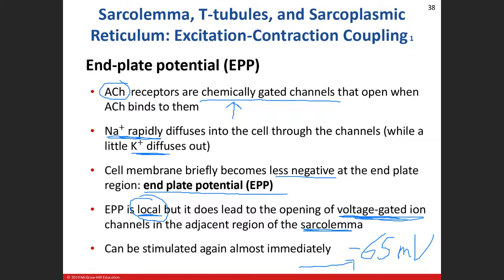We're starting at -90. So when sodium rushes in, it's going to start to make the inside of the cell more positive. It might make it go to -87, but that's not threshold value. Might make it to -72. Still not threshold value. We've got to get to that -65. How do we do that? We open more gates. We open more chemically gated channels.